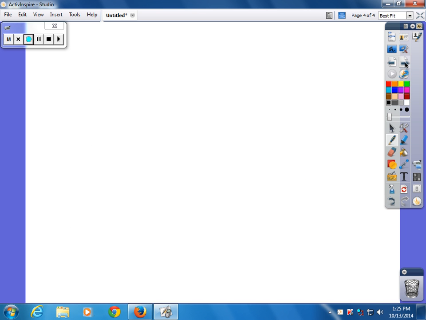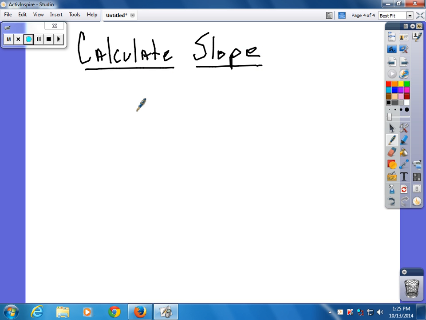So to calculate slope, you use the formula. M is equal to delta y over delta x. You might see it written like this. This is a fancy way of writing it: the change in y over the change in x.